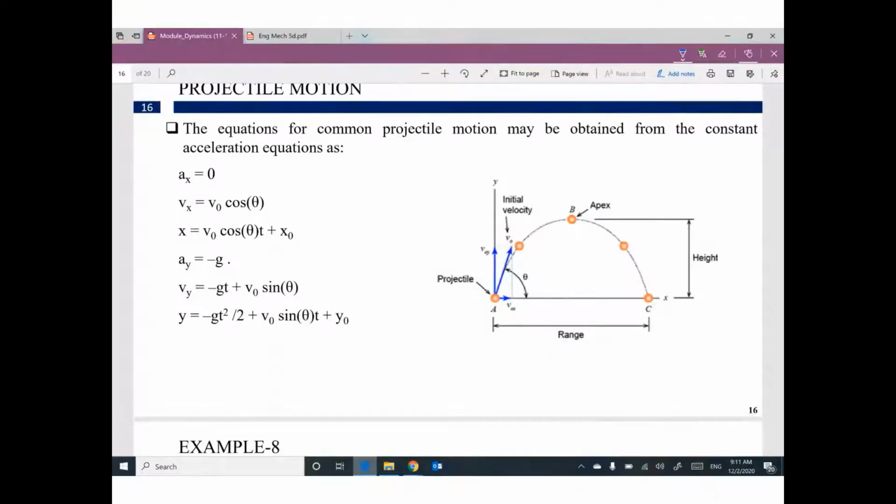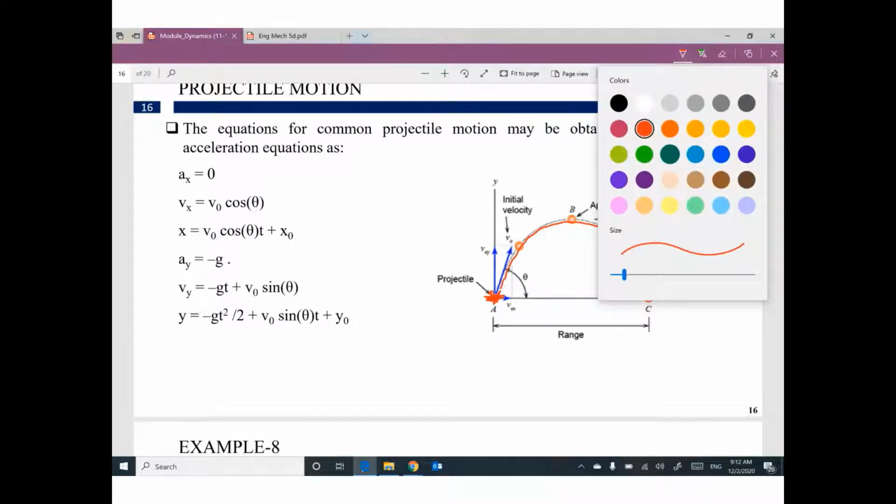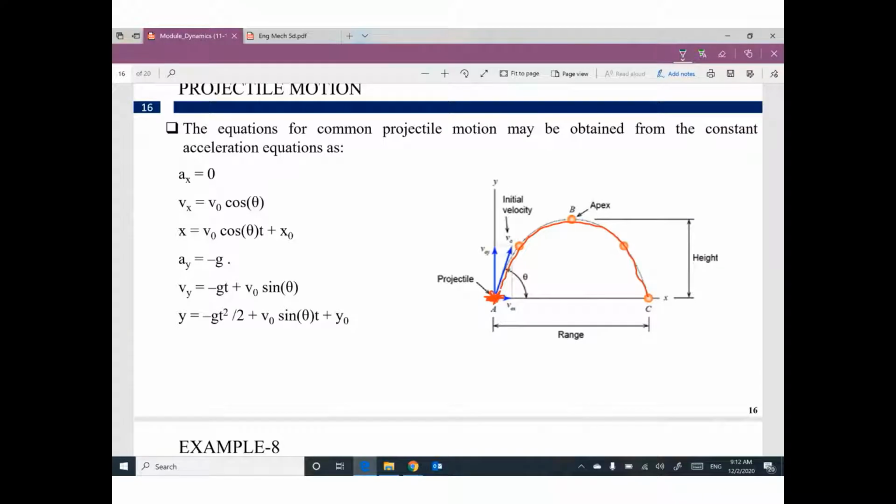Last meeting, I started with projectile motion. And we learned if you have a projectile which is projected from a cannon, the projectile will take a parabolic path. So we can figure out the properties of this path by figuring out the range, which is the horizontal distance x, using this equation.